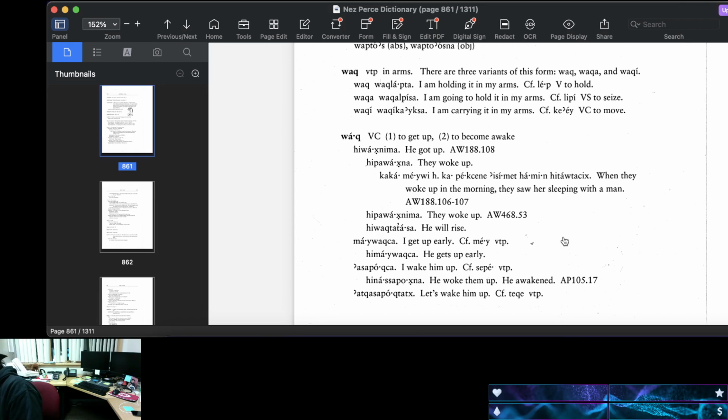But interestingly enough, it was listed in the dictionary under Nox, I think. Let's see if I can find it here real quick.